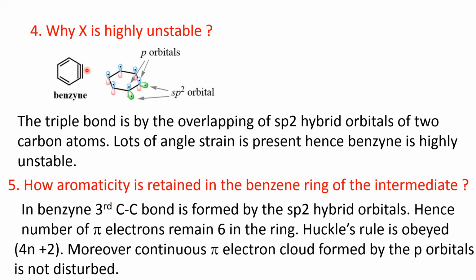And the new bond, just now we have seen, is formed by the overlapping of the sp2 hybrid orbitals. So inside the ring, this continuous pi electron cloud is present, and 6 electrons, that is 4n plus 2, Huckel's rule, is obeyed. So aromaticity is not destroyed in the ring of this benzyne.